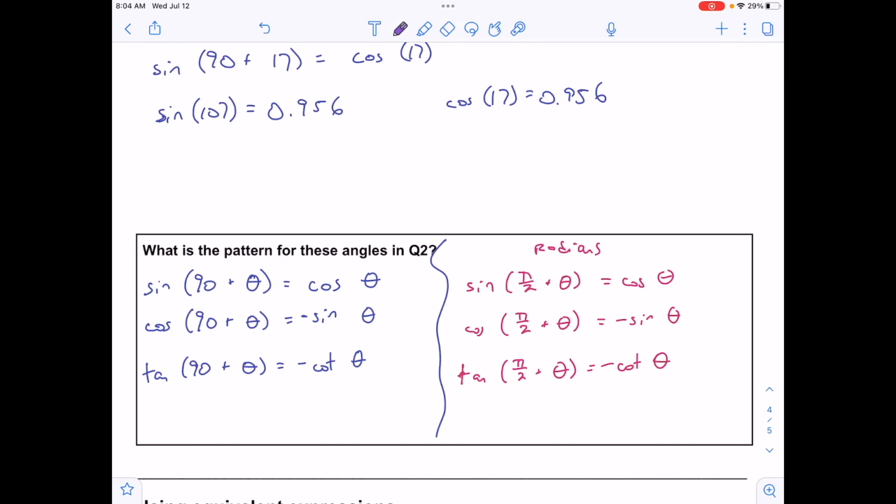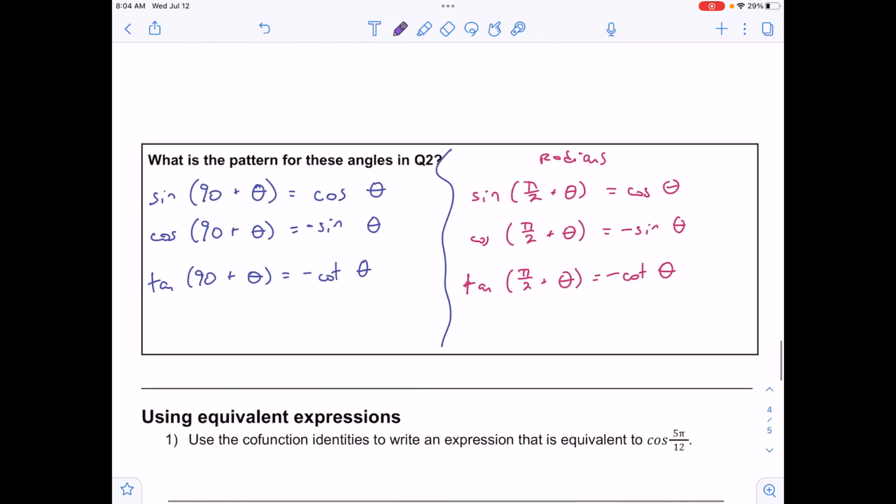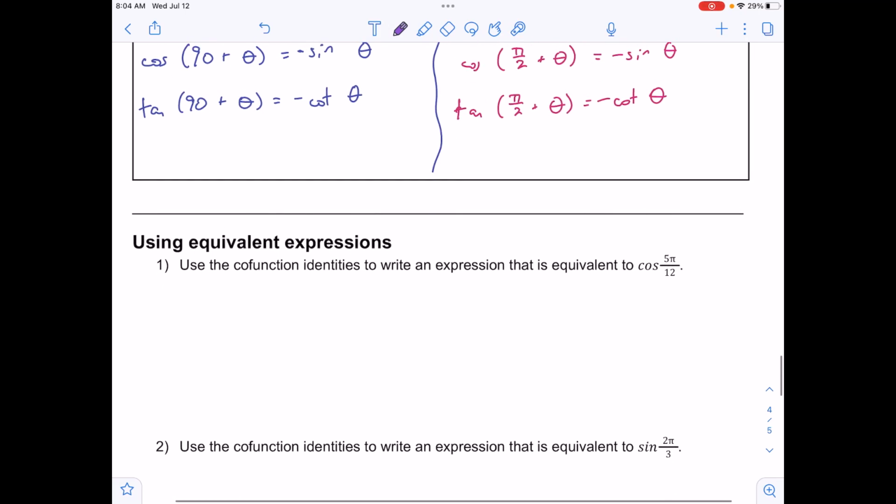Okay, so now let's use some of these patterns to actually do some solving. What these are sort of called are equivalent expressions or co-function identities that you can use to make solving simpler. So our first question here is asking us to write an expression that's equivalent to 5 pi over 12. We're working with radians.